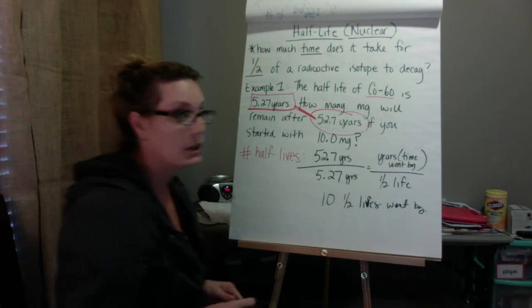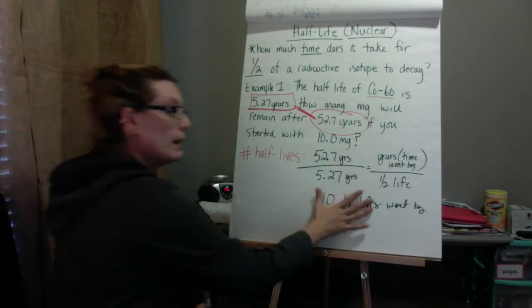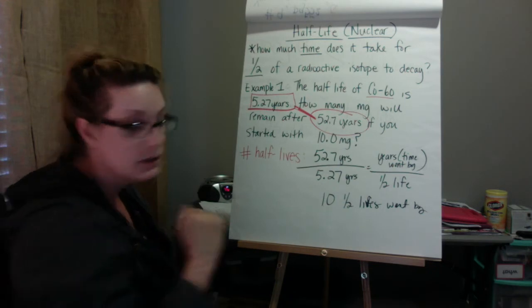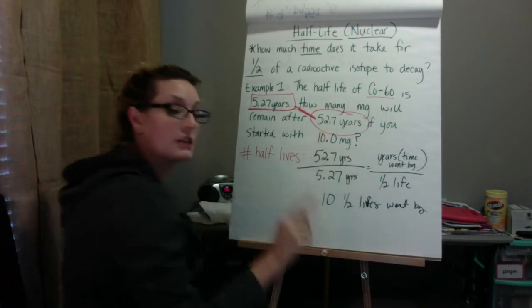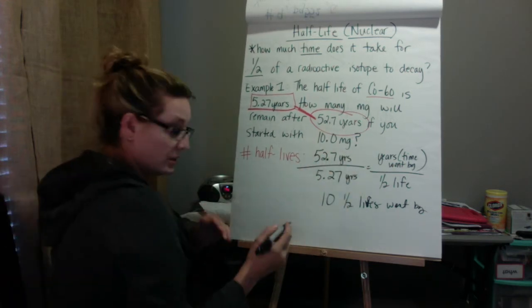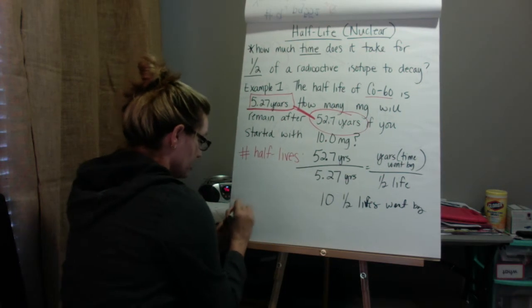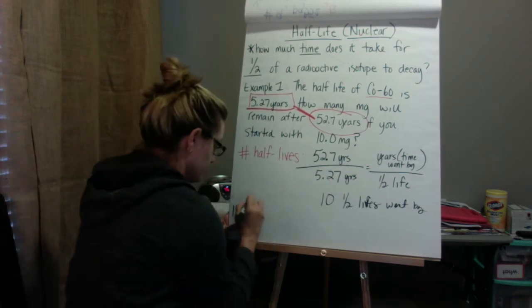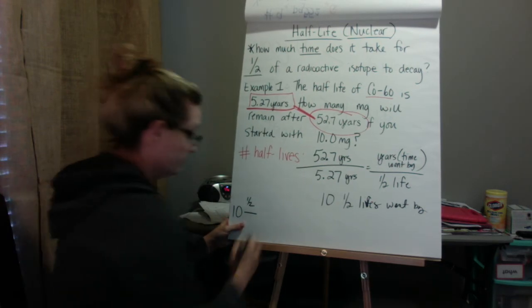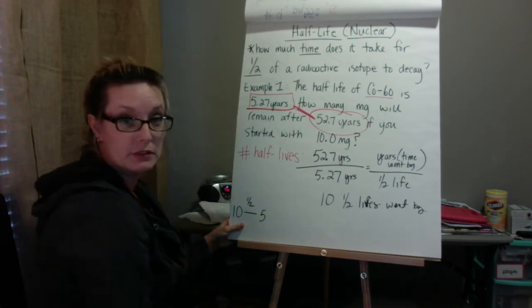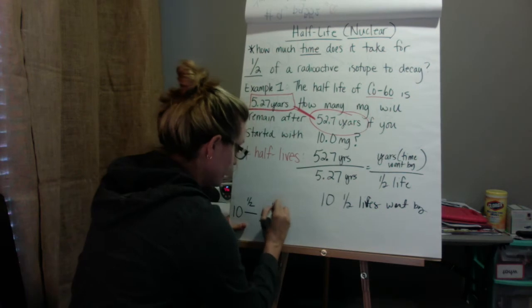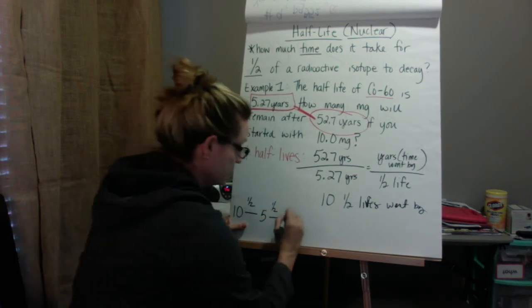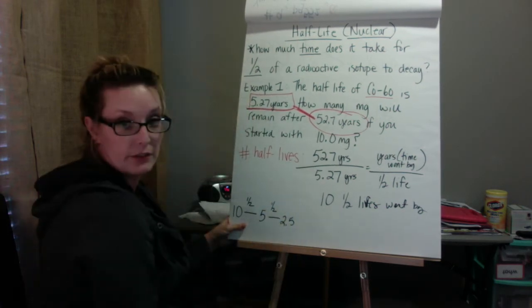So now I know how many times it decayed by half, but how much did I start with? Well, I started with 10 milligrams. After one half-life, how much would I have left? 5. After another half-life, I would have 2.5 left.